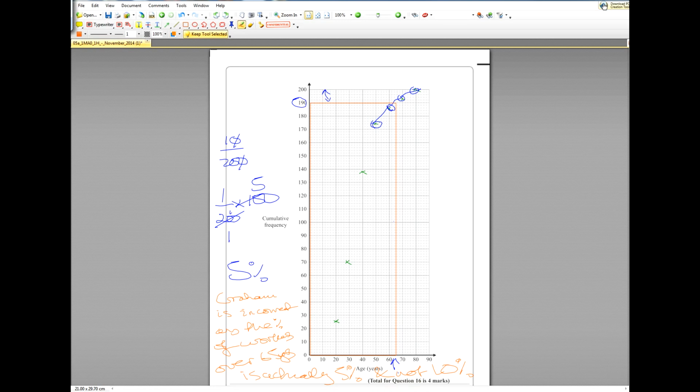Did everybody get that part there? Did everybody understand why it's 5%? Because when you go from 65 up to your curve and across, it's only got 10 people left in the top part. 10 out of 200 is not 10%. It's actually 5%. So we show the working out, we show the lines and everything else, and that's our job done.